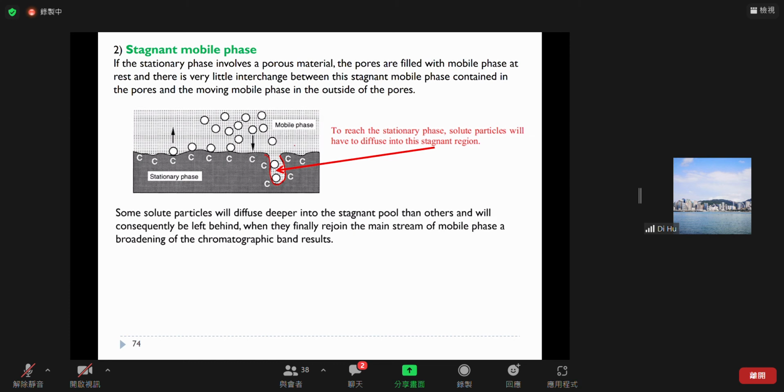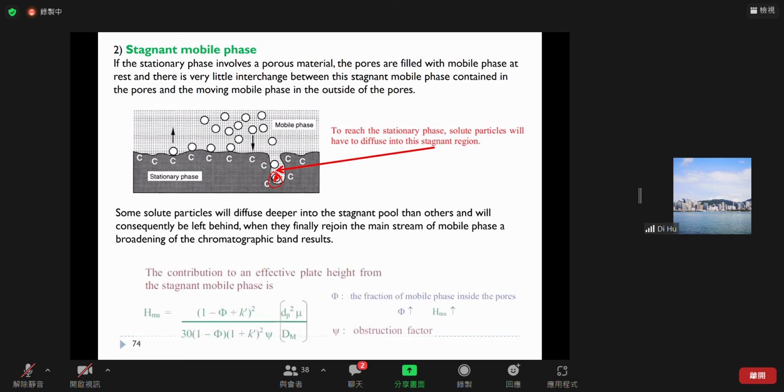Some solute particles may diffuse deeper into the stagnant pore, like this one. Some may diffuse shallowly, just a little bit into the pore. Which one will take a longer time to come out? Of course, the one that gets in deeper. It will be left behind and come out later, right? So when they finally rejoin the mainstream mobile phase, that can cause peak broadening. Okay, that's the reason for that.